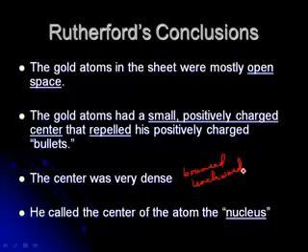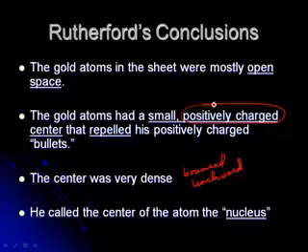Then the other thing he concluded was that because some of them were deflected, and the alpha particles are basically the nucleus of a helium atom, which means it has a positive charge. So these positively charged alpha particles were being deflected and going to the left or to the right.